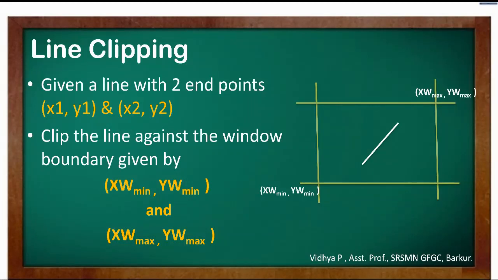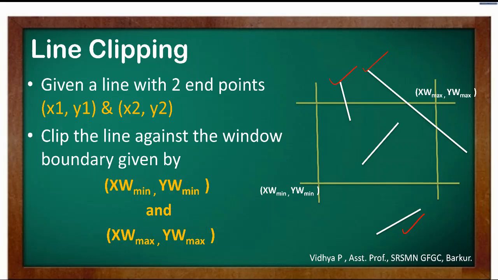Consider this particular example. Here, both the endpoints are outside the window boundary, so we can say the line is completely outside. If you consider this line, it is intersecting with the top boundary, and line 4 is intersecting with more than two window boundaries. So line 3 and line 4 require some clipping. So we need to apply some clipping algorithm.